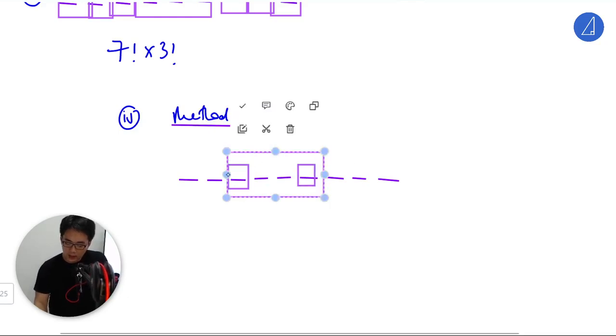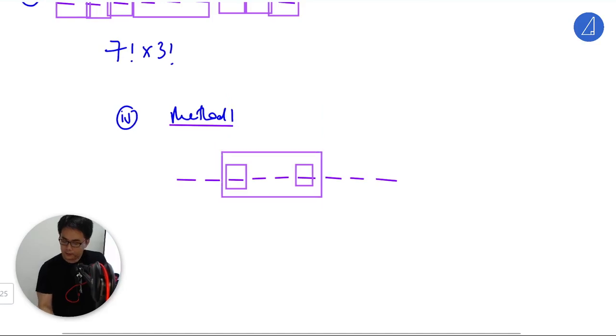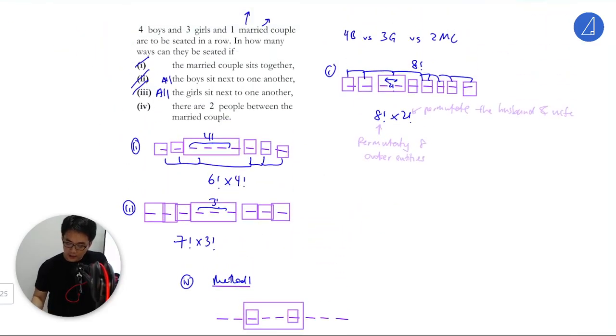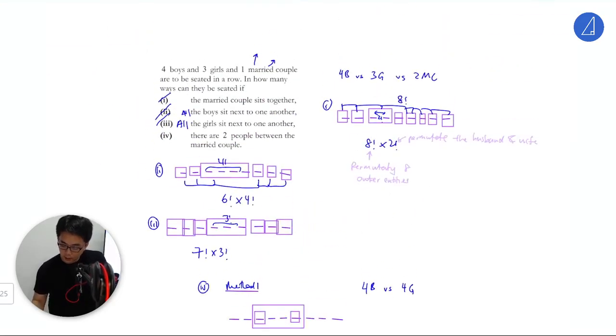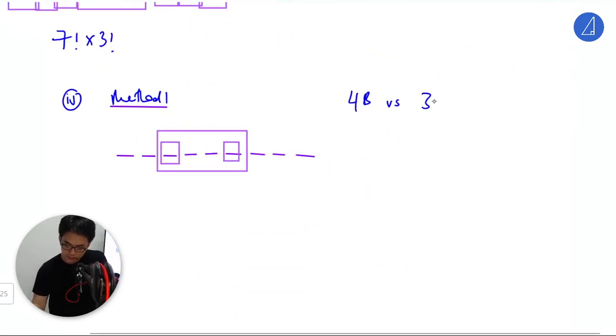Now one trick is this, guys. You see this is four boys versus 3 girls versus 2 people who are married. So try not to see them as boys, girls and MC.